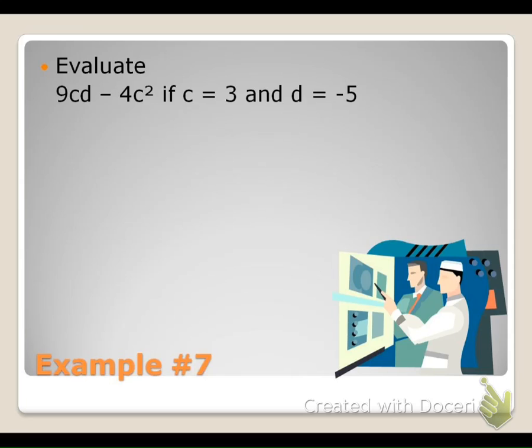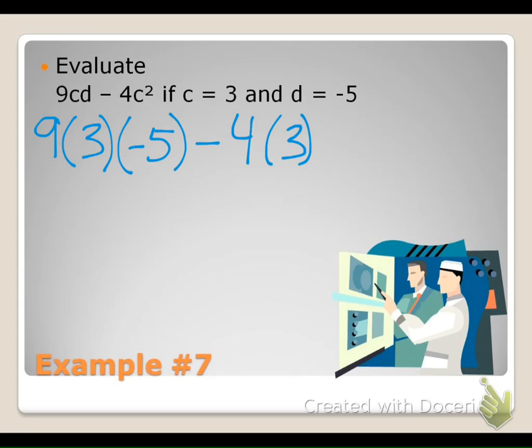So what's evaluate? Yeah, plug it in. So everywhere I see a C, I'm going to put a 3. Everywhere I see a D, I'm going to put a -5. And I always put them in parentheses. It kind of helps me keep my signs straight and my operations straight so I know I'm multiplying.